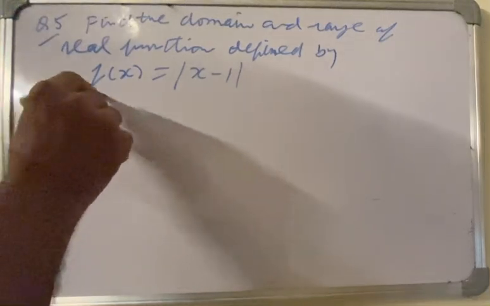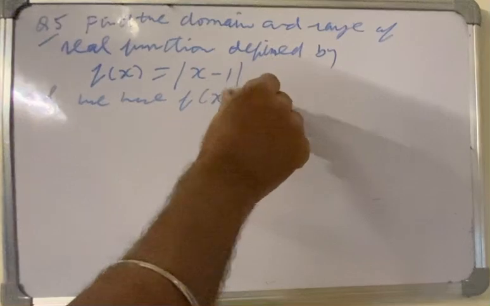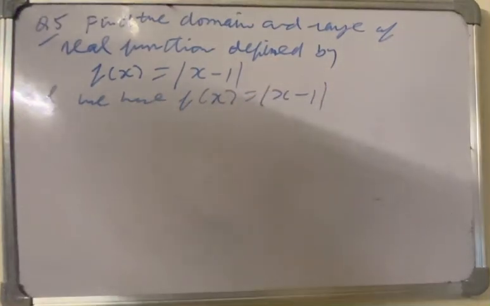Solution: we have f(x) is equal to mod (x minus 1).